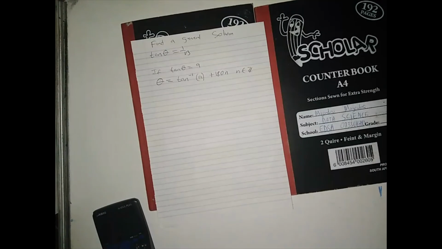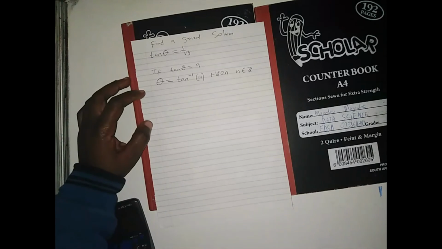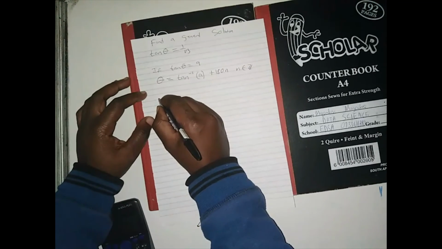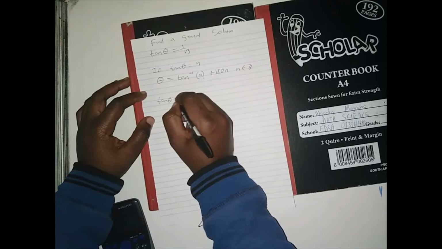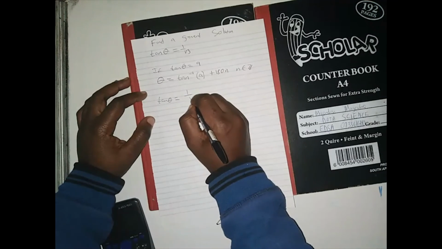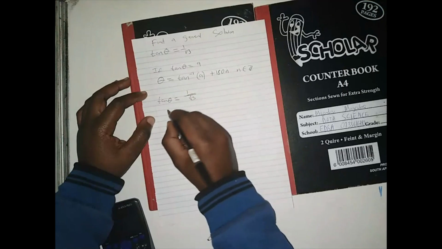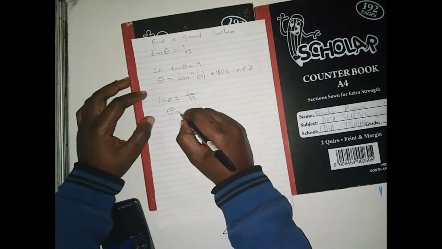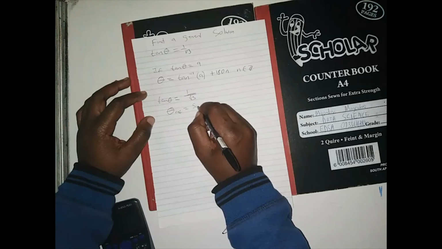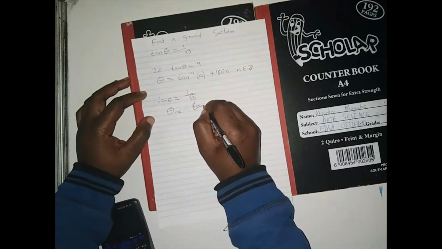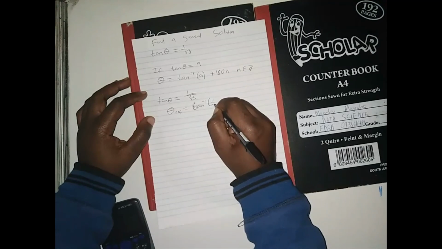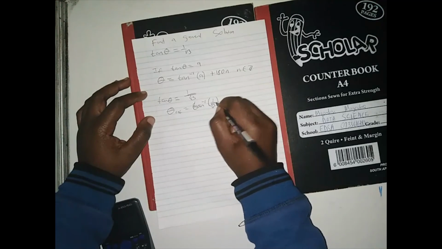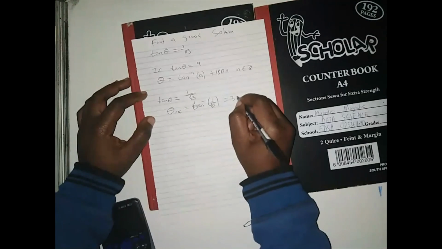So here you don't have two generators, you've got only one generator. So for example here, since we've got tan theta, which is equal to 1 over root 3, you will find a reference angle, which is theta ref, which is the reciprocal of tan evaluated at 1 over root 3, and that gives you 30 degrees.